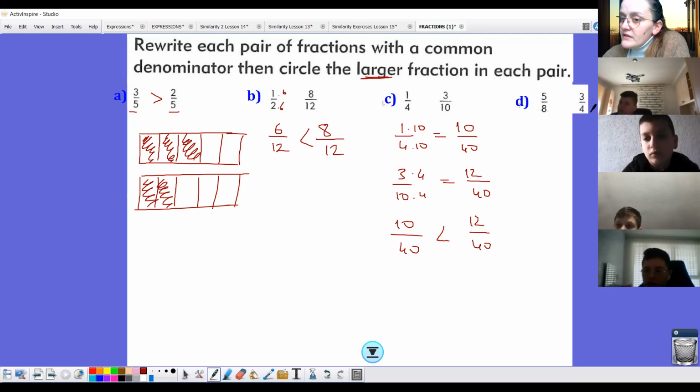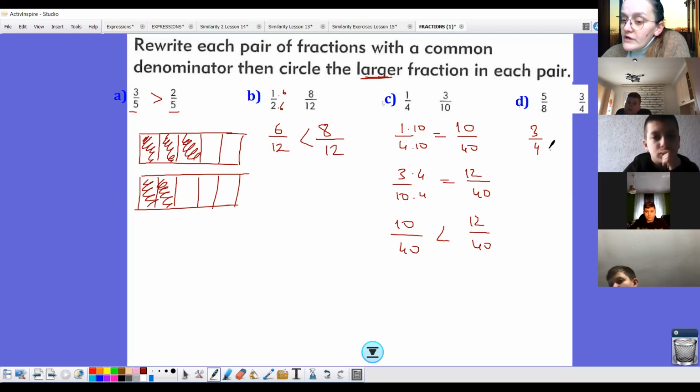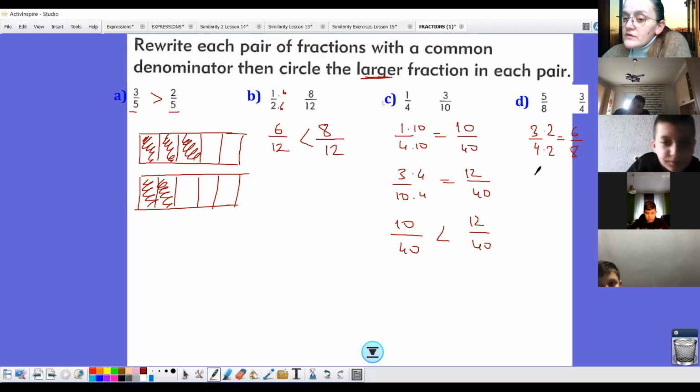But we can make the denominators the same. Here, if I multiply by 2, I will get 6 out of 8. So 5 out of 8 is smaller than 6 out of 8.